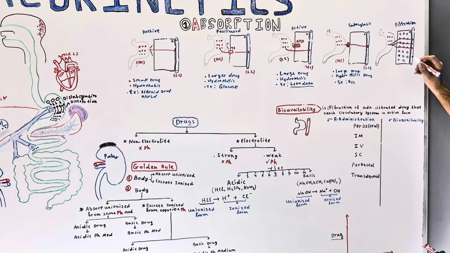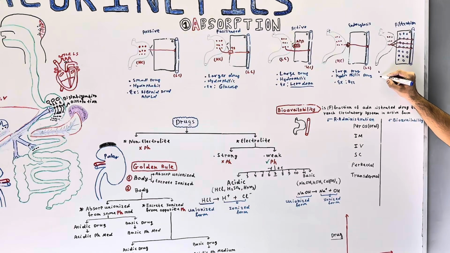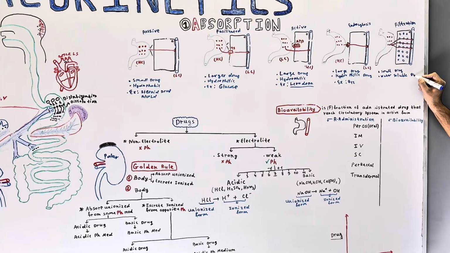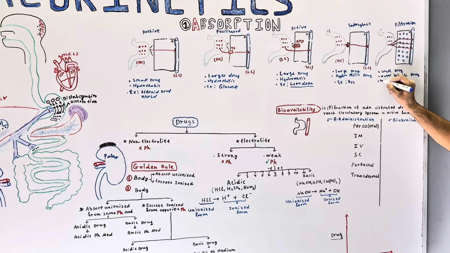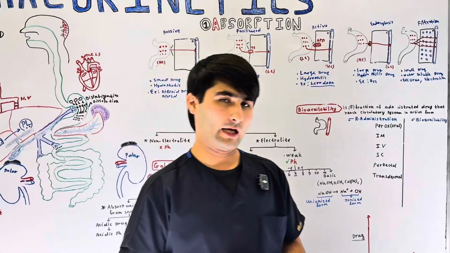I didn't mention which groups of drugs can be absorbed through filtration: small, water-soluble drugs, for example urea and electrolytes. So those were generally the basic mechanisms of absorption.